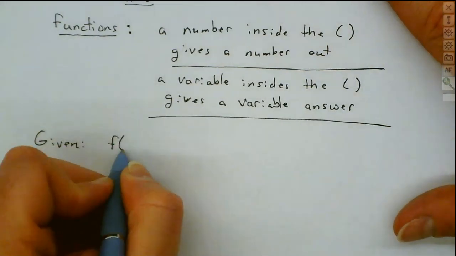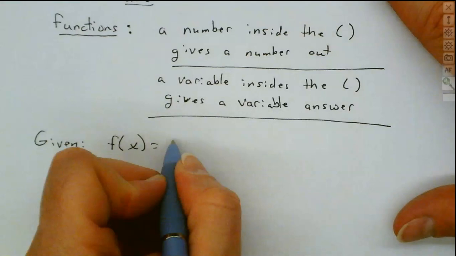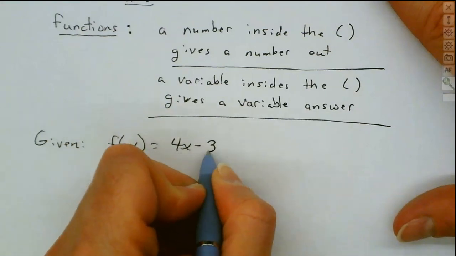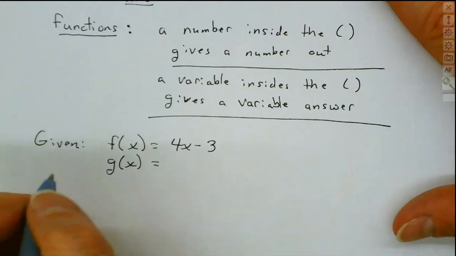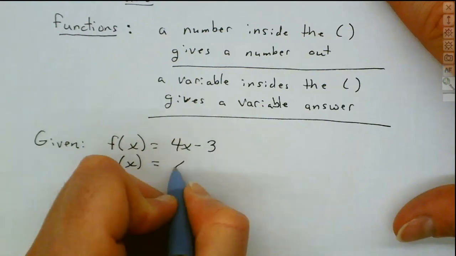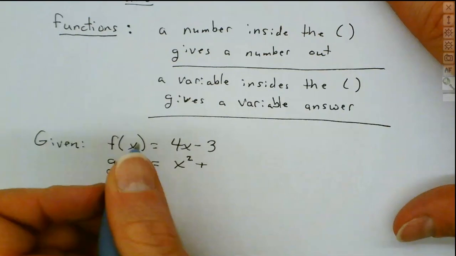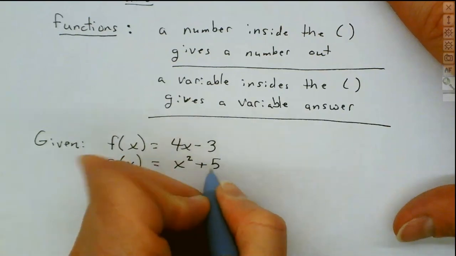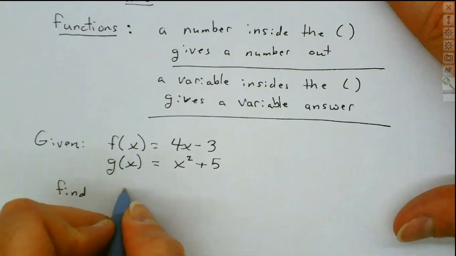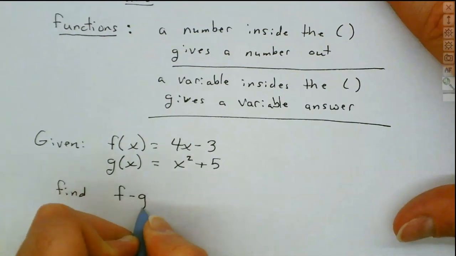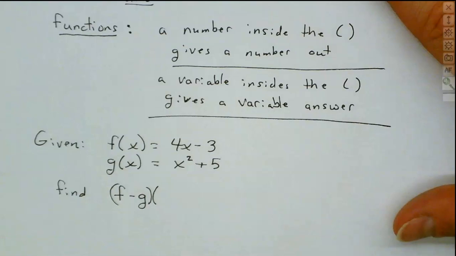So let's say you're given f of x equals 4x minus 3, and g of x equals x squared plus 5. I want you to find f minus g of, let's say, 3.